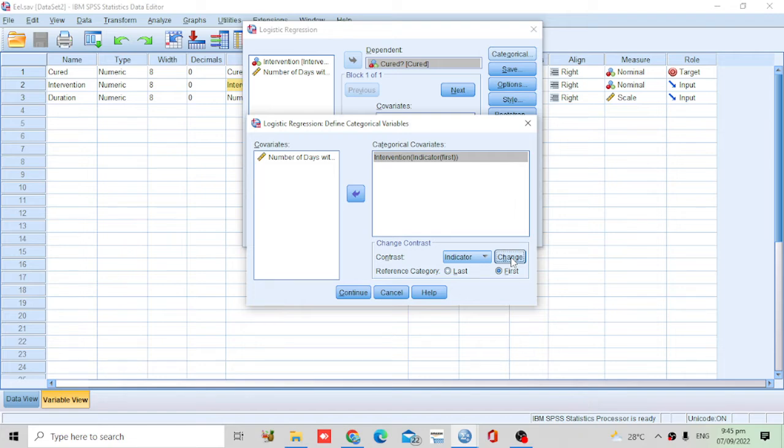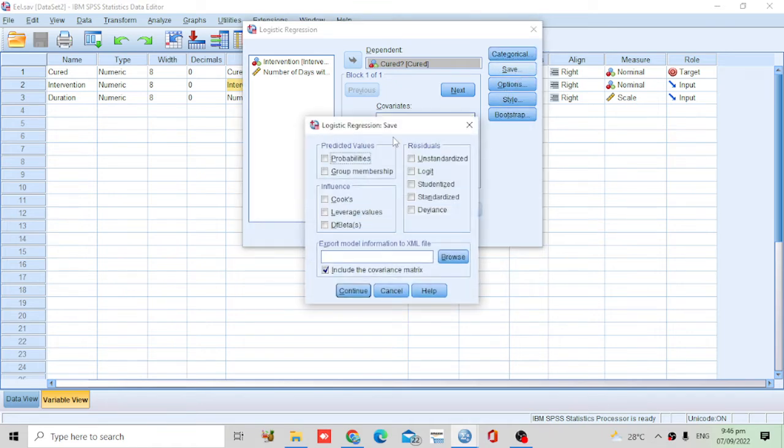Siya yung una na magiging indicator natin, yung without an intervention, to compare with yung patient that has an intervention or medical treatment. Continue.